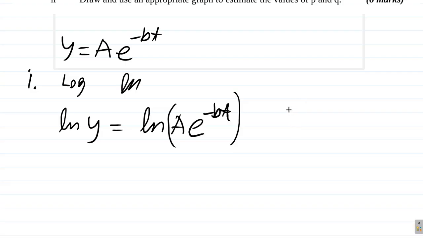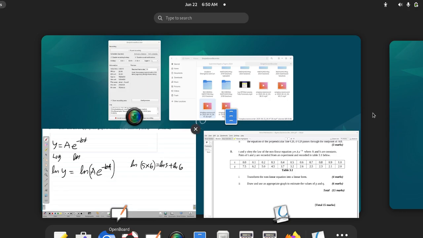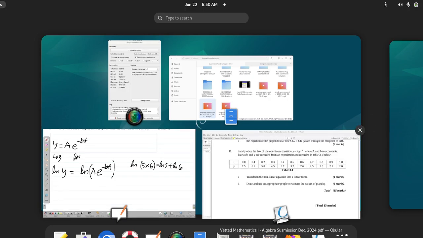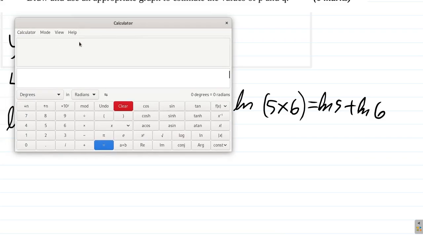Just as a reminder, suppose you say ln of 5 multiplied by 6. That should be equal to ln 5 plus ln 6, right? Let's see how that would work out. 5 by 6 is 30. So ln 30 equals 3.401 and so on.